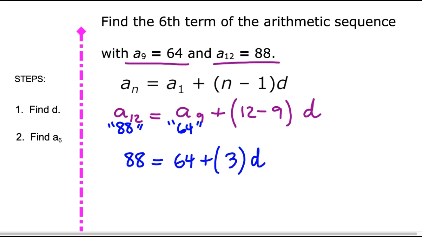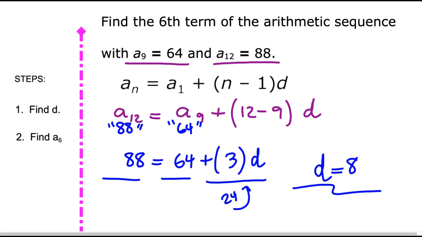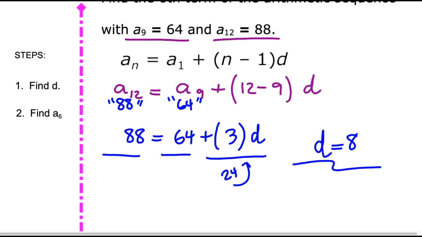We need 24, so 8. Do you ever look at that and think about 64 plus what number is 88? 24, so then this stuff right here needs to equal 24. So 3 times what number is 24? So the constant difference is 8.